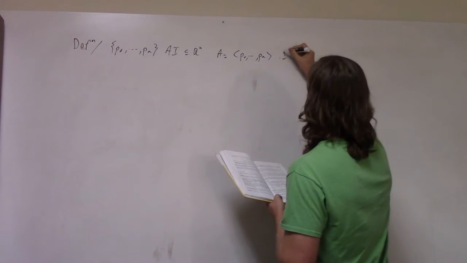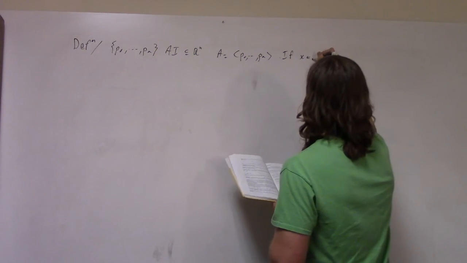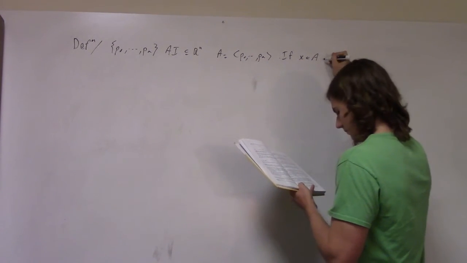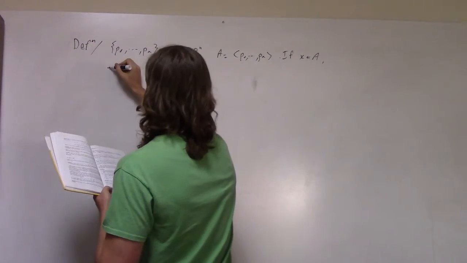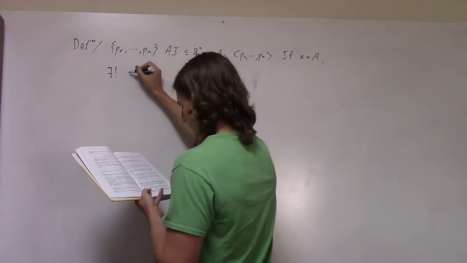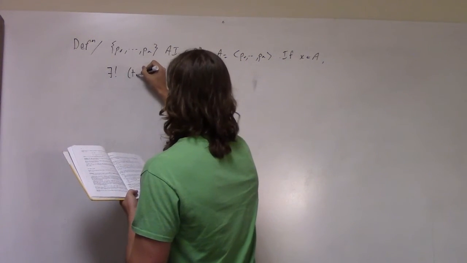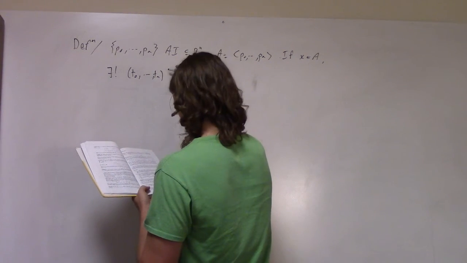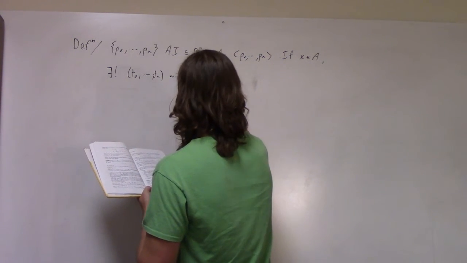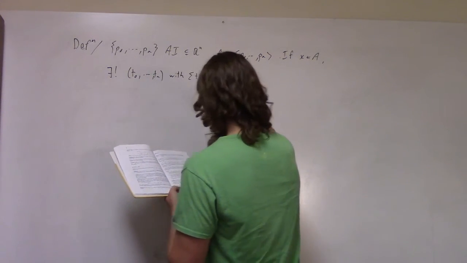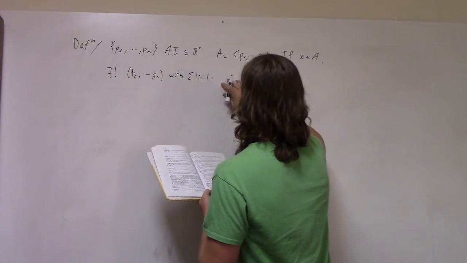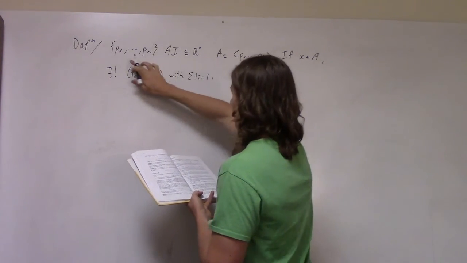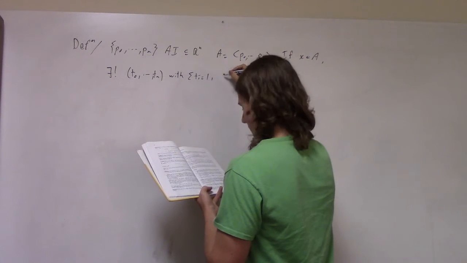If X is an element of A, then there exists a unique m plus 1 tuple where X is going to be this combination of these points with these coefficients.